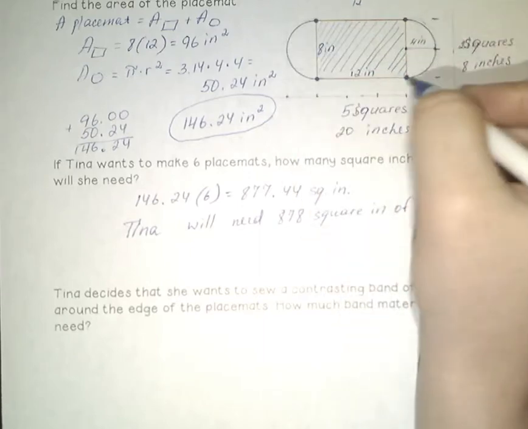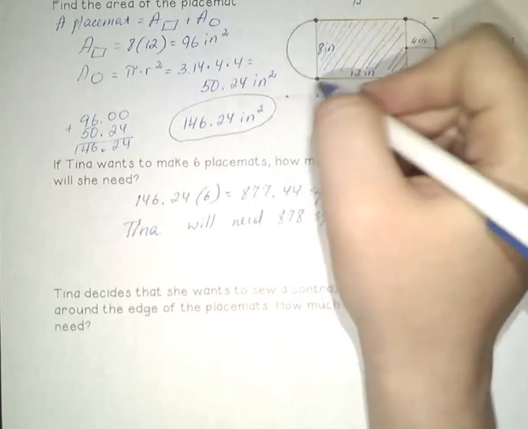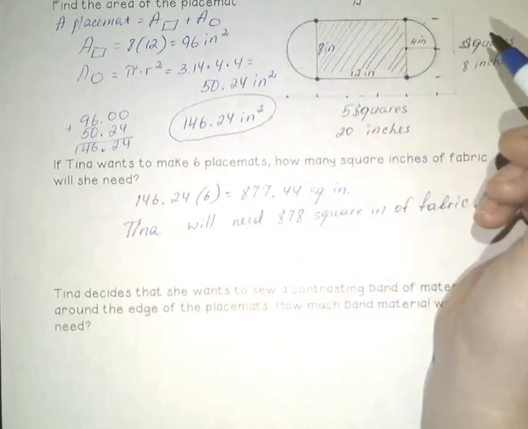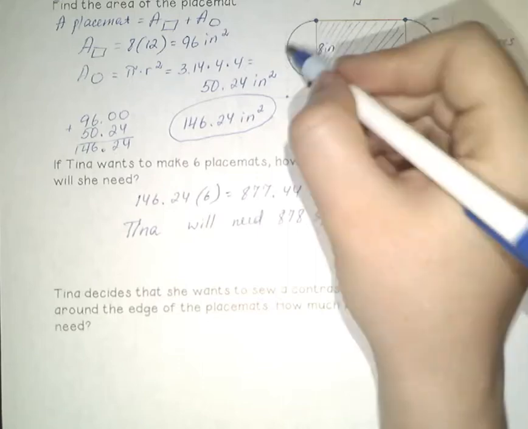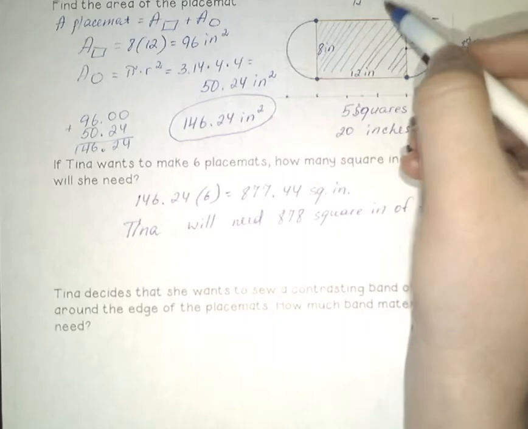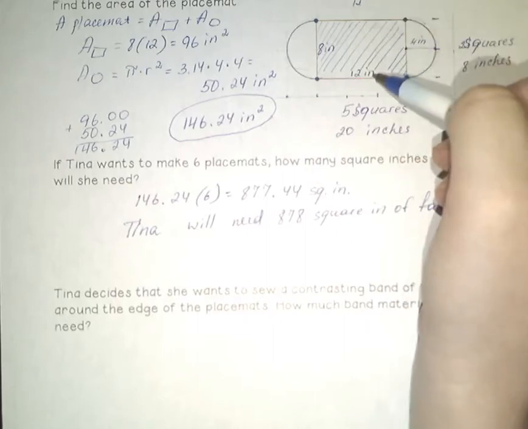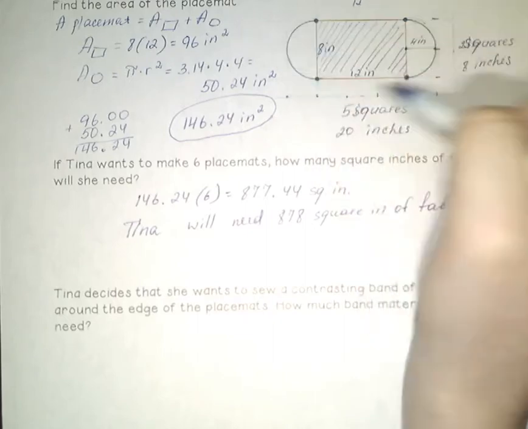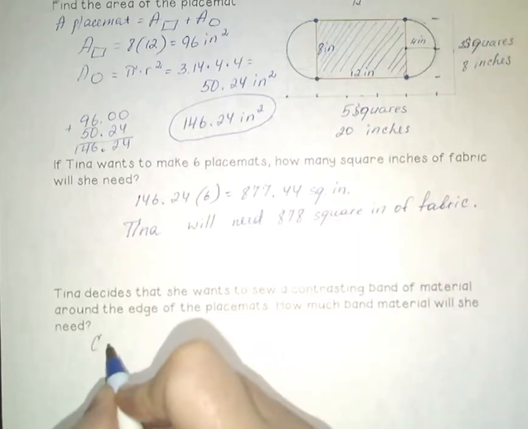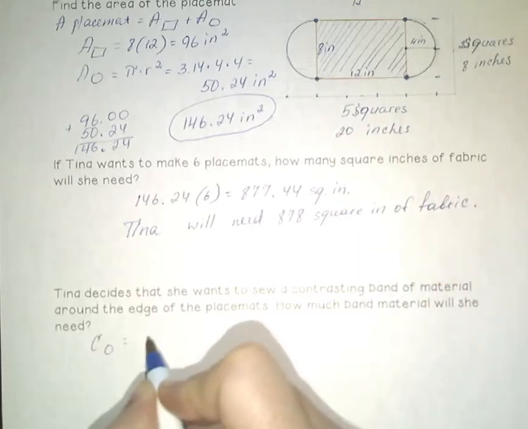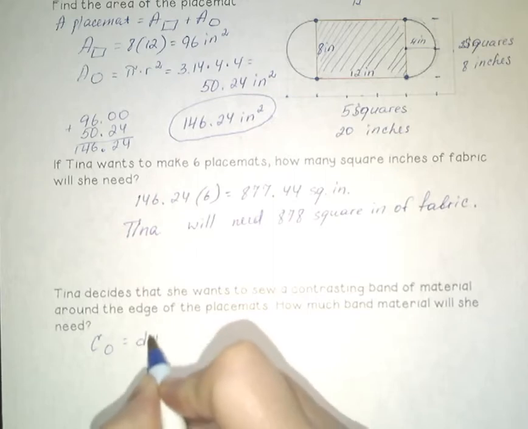But this distance is also known as the circumference of the circle. We have half the circle here, half the circle here. Two half circles is one full circle altogether. So what I need to do is to find the circumference of the circle and then add 12 and 12 to it to complete the entire shape. Okay, so circumference of the circle is going to be diameter times pi.